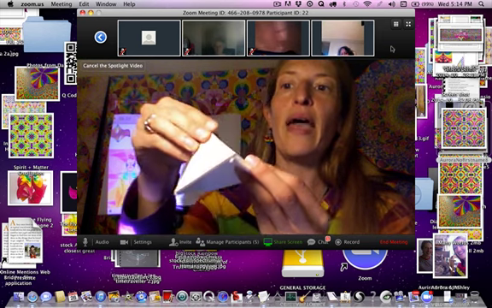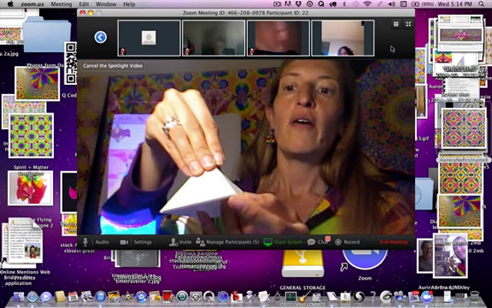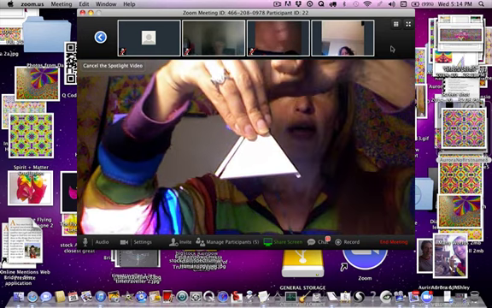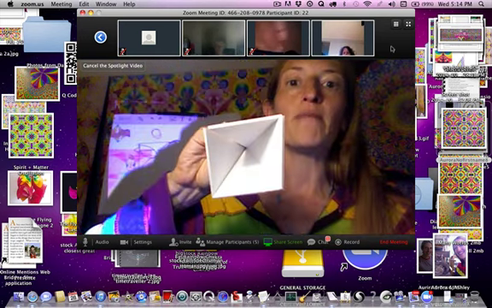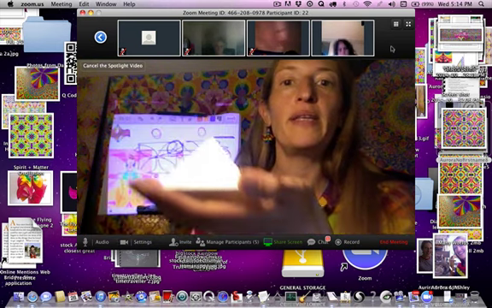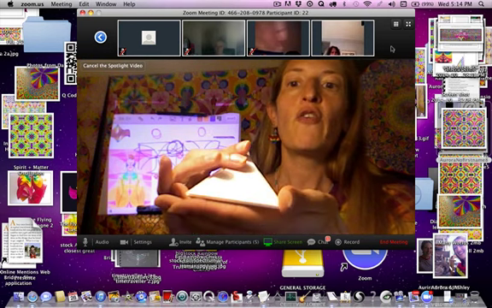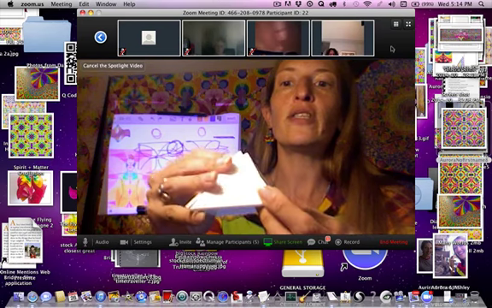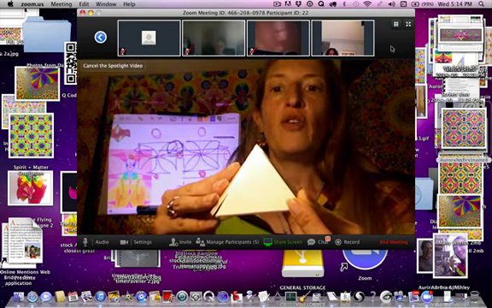And now what I have is a pyramid with 4 equilateral triangle sides and no bottom. And this is what the Great Pyramid in Egypt is shaped like. 4 equilateral triangles as the sides and no bottom.